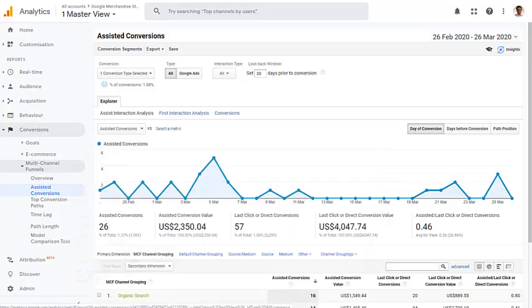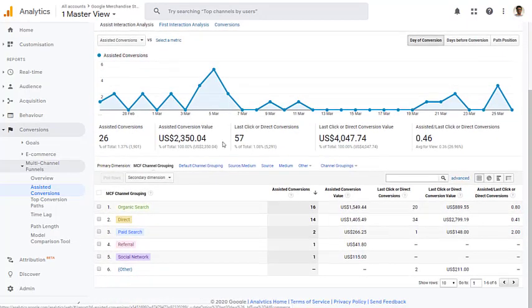So if I look at my overall website view for the last 30 days, I see that organic search has assisted 16 conversions. Direct has assisted 14 conversions. They don't directly do the conversion, but organic search helps me in getting a conversion. So that's why I went to my SEO team and appreciated them, saying you guys are doing a great job.